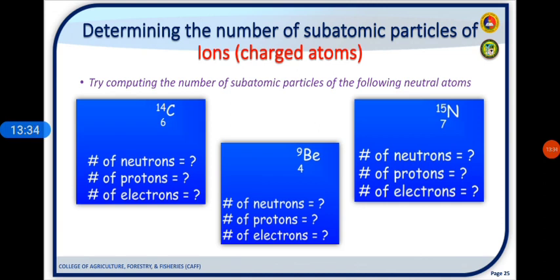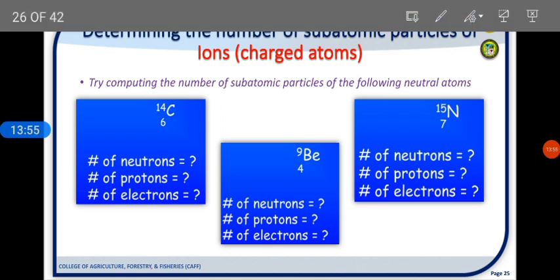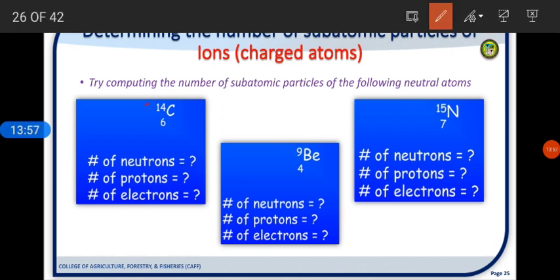Now let's proceed. Try computing the number of subatomic particles of the following neutral atoms. Still, the following examples are neutral atoms. Say for example, we have carbon with a mass number of 14, and the atomic number is 6.